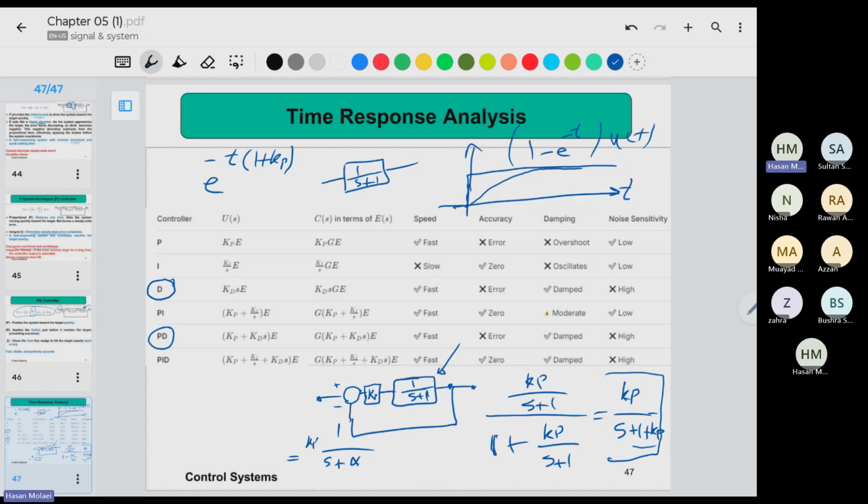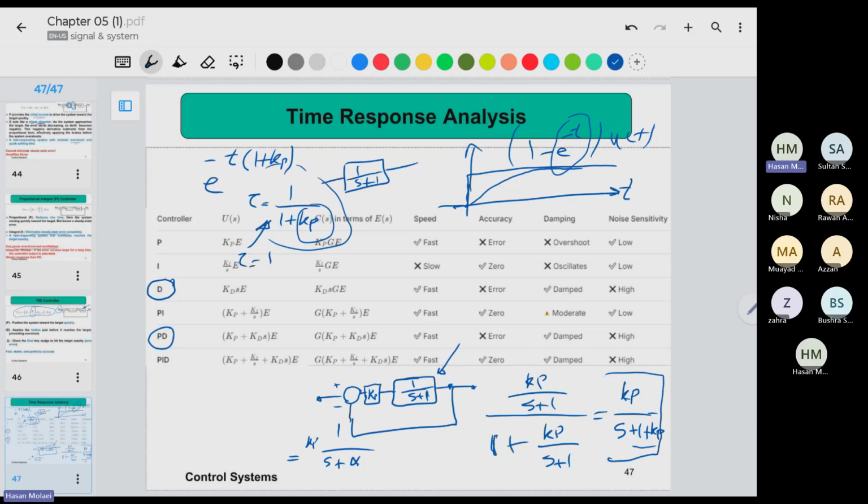The exponential term without the feedback was only e to the minus t, right? Now the time constant becomes 1 over 1 plus KP, basically, right? Initially it was only 1. Now it becomes this, right? Once you increase the KP, basically you are reducing the time constant, right?